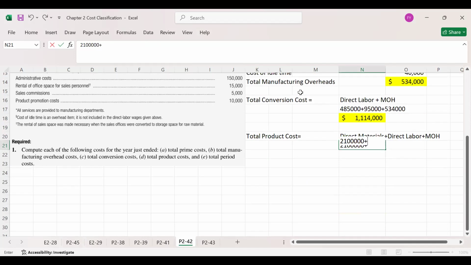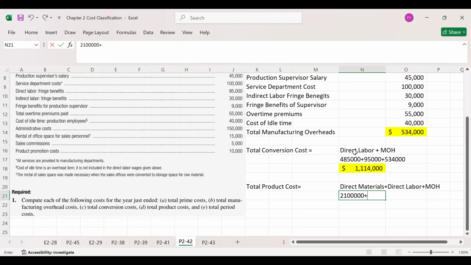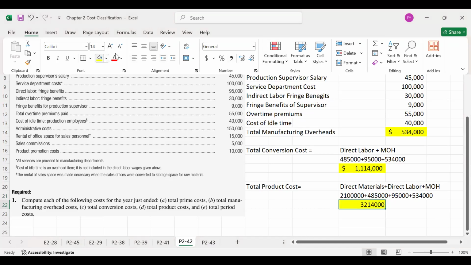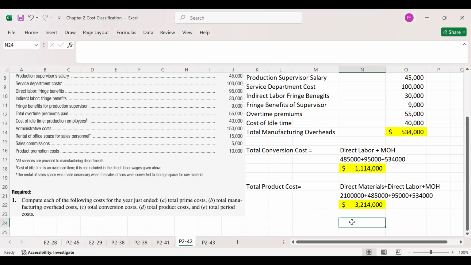We add direct labor, which includes the wages of direct labor as well as the fringe benefits. So 485,000, then $95,000. And then we will add MOH, which is 534. So by adding all these three elements, we get your total product cost. Total product cost is also called total factory cost, or you can say total manufacturing cost.